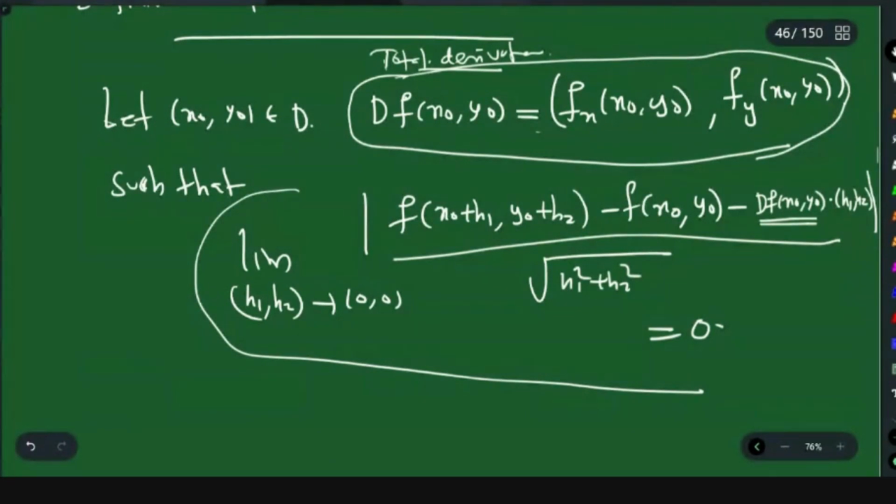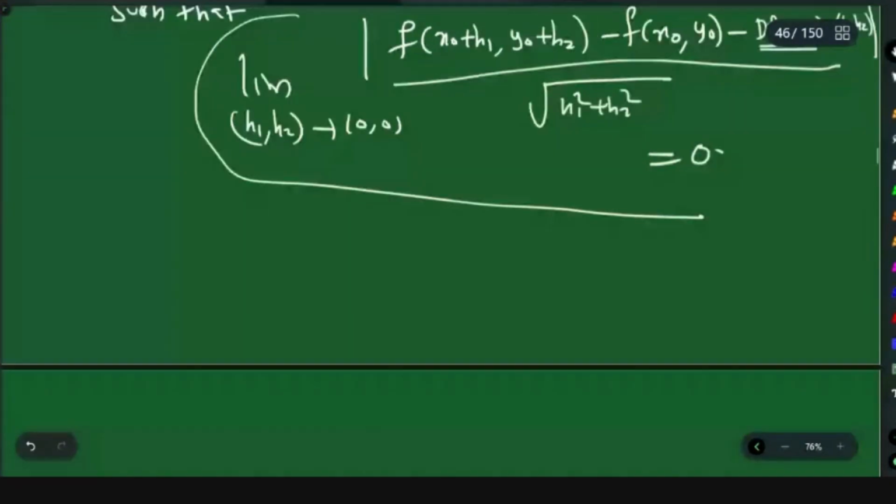Now one more thing I wanted to discuss, the directional derivative. Let me look at the definition of the directional derivative.